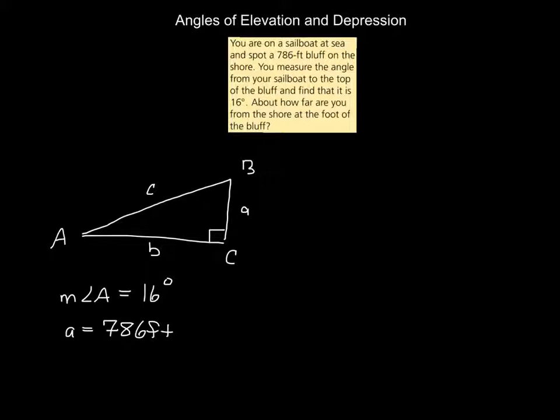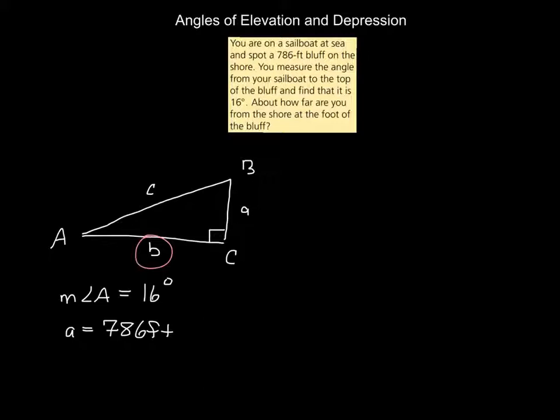And they are asking me for one specific measure. What are they asking me for? Distance from sea. They're asking, how far are you from the shore at the foot of the bluff? They're asking for B. So we don't need to solve this triangle. We just need to find one thing.